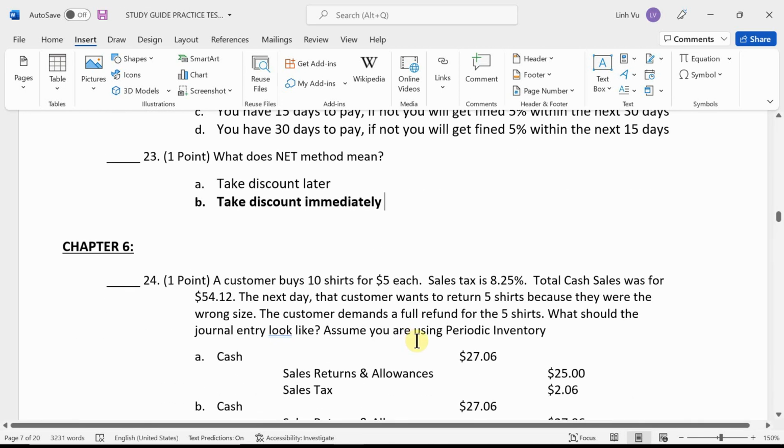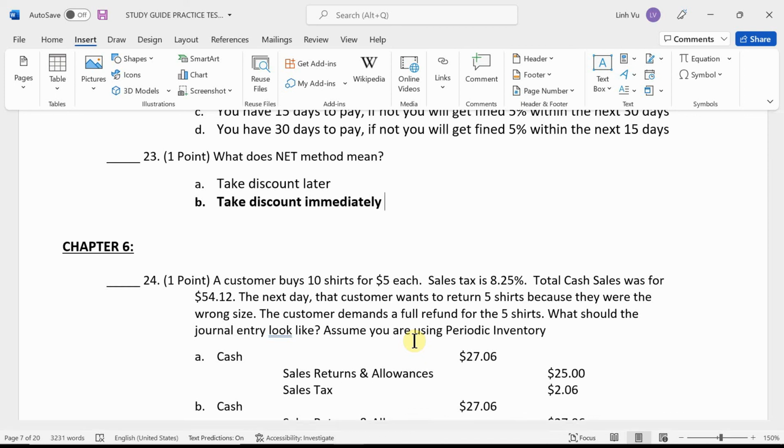All right, chapter 6. So we're finishing up this part here. A customer buys 10 shirts for $5 each. Sales tax is 8.25%. Total cash sales was $54.12. The next day, the customer wants to return 5 shirts because they were the wrong size.